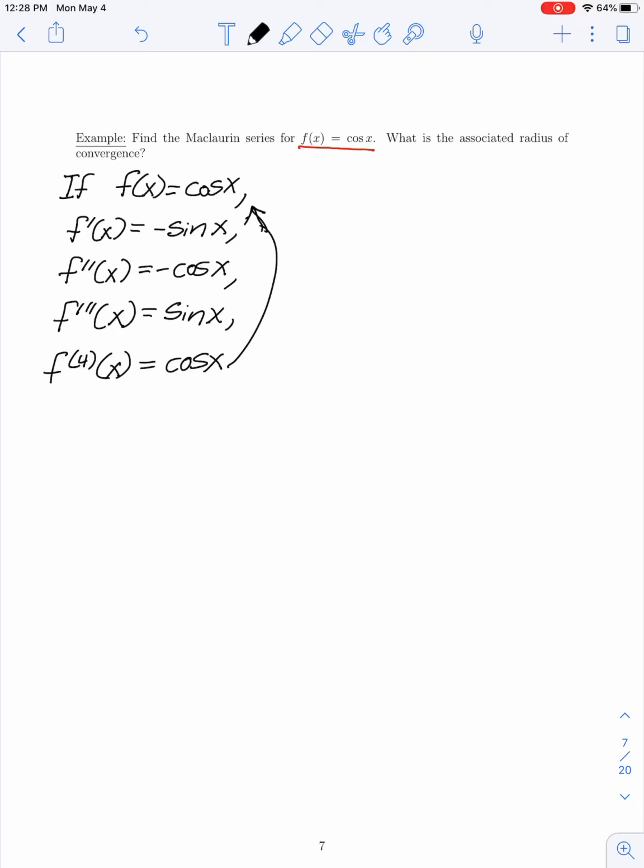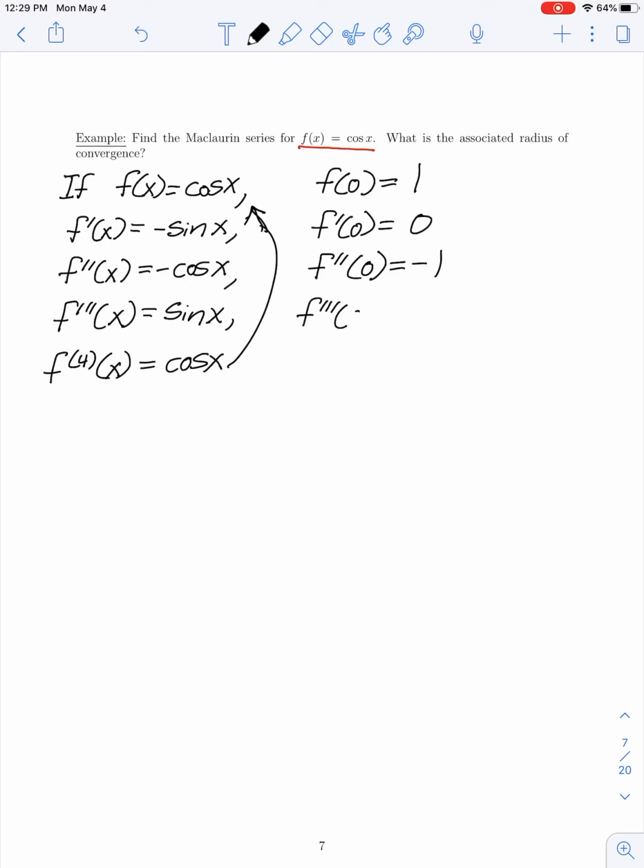Now, since we're asked about a Maclaurin series here, we're centering our Taylor series at 0. So if we evaluate each of these derivatives at x equals 0, we have the original function, f of 0, is cosine of 0 or 1. F prime of 0 would be negative sine 0 or 0. Our second derivative at x equals 0 is negative cosine of 0, so that is negative 1.